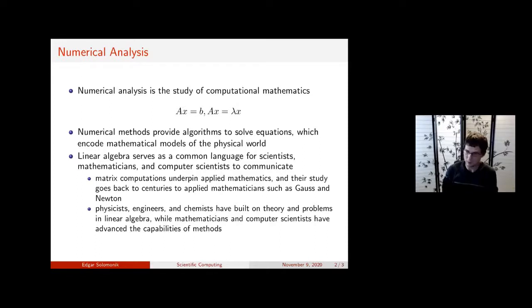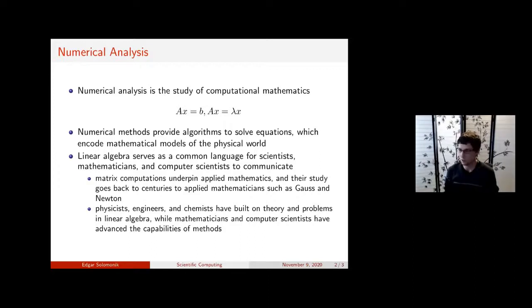And this is in fact not even unique to scientific computing. Machine learning is also to a degree similar. Linear algebra also underpins a lot of the computation that happens in that domain. And this domain of applied mathematics and numerical computation is to some degree very old and very well studied and very classical.